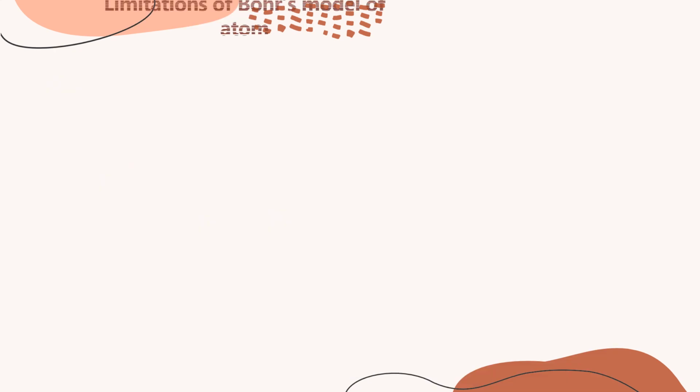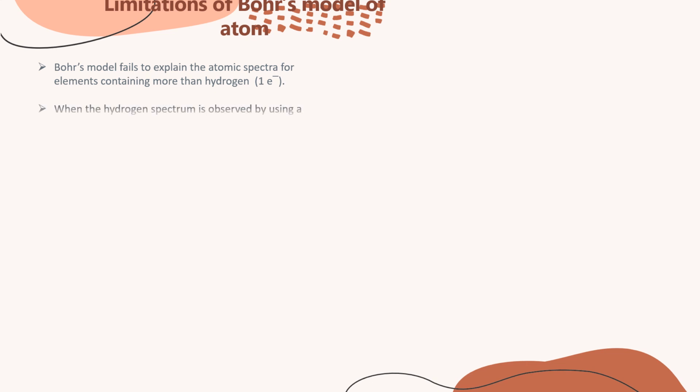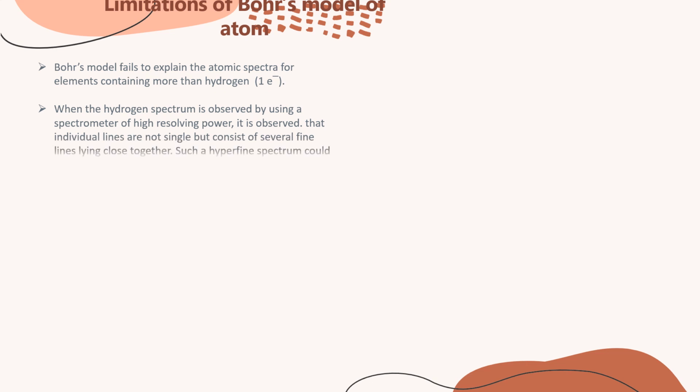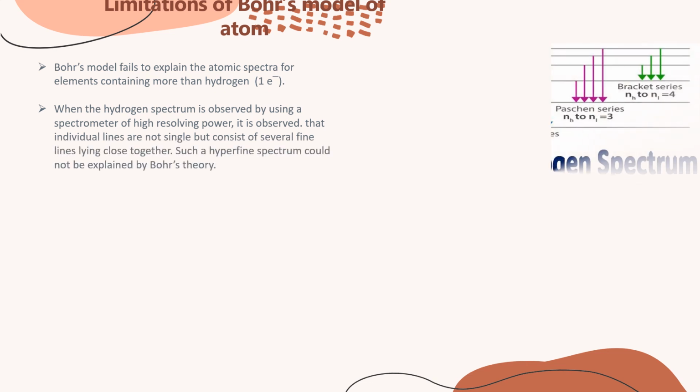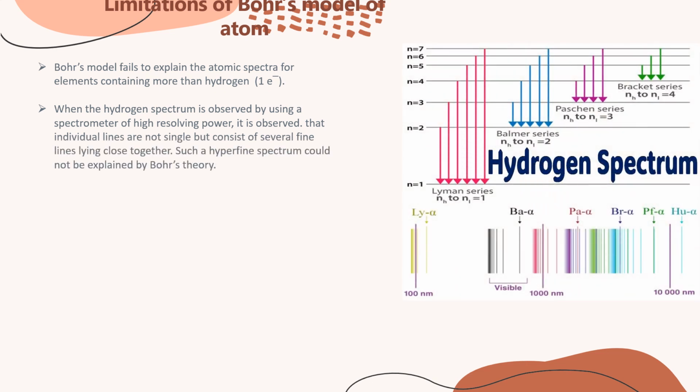Limitations of Bohr's model of atom. This model failed to explain the atomic spectra for elements containing more than one electron. When the hydrogen spectrum is observed using a spectrometer of high resolving power, individual lines are not single but consist of several fine lines lying close together.